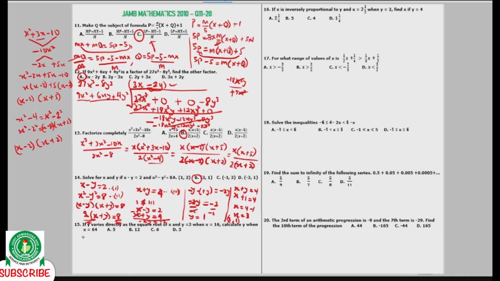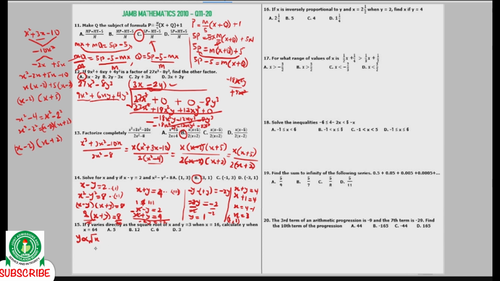Now the question number 15 here says: if y varies directly as the square root of x. So this is direct variation. Y varies as the square root of x.